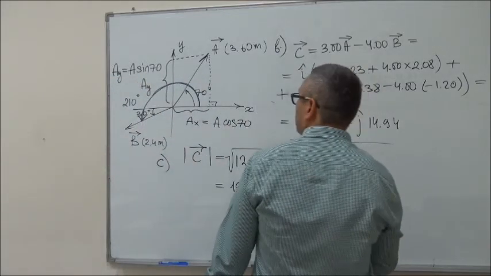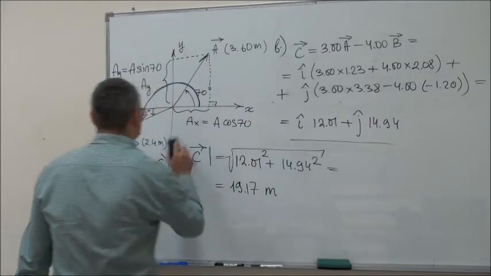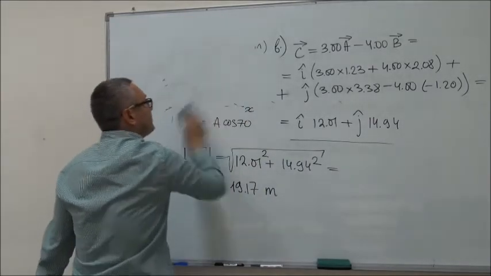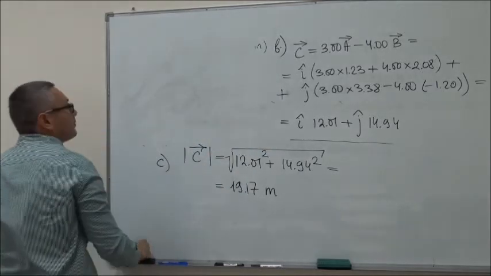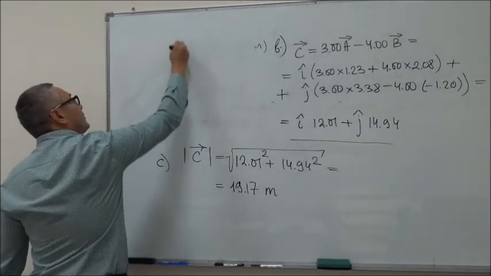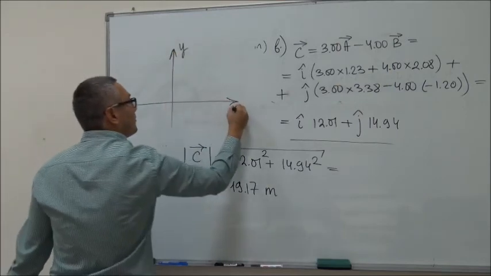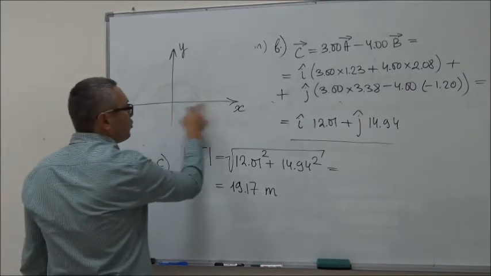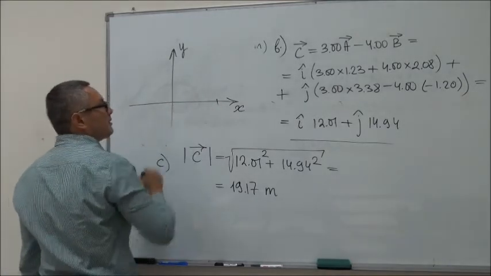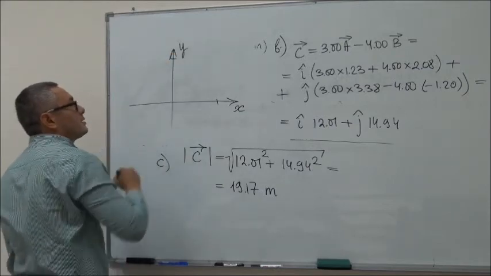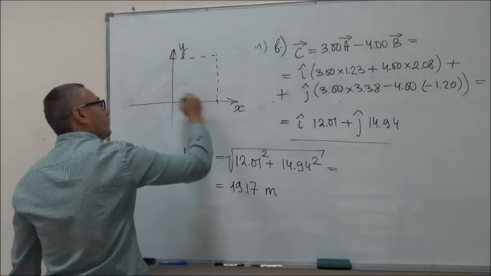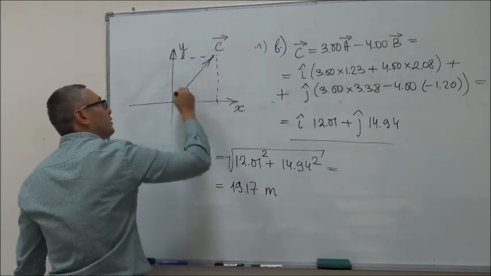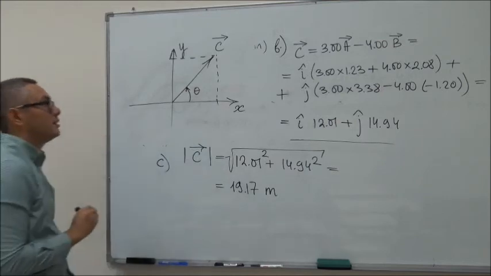To find the direction, let's draw another picture. The C vector has 12 units along the x-axis and then 14 units along the y-axis. So it's pointing this way. This is our C vector, and we're looking for this angle. Let's call it theta.